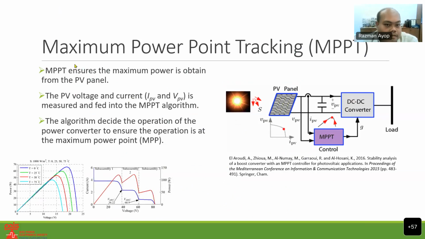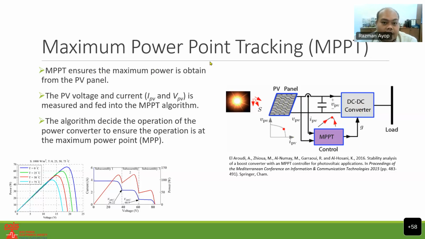So you can see here MPPT. MPPT ensures the maximum power is obtained from the PV. When the temperature changes, it can manage to obtain maximum power also. The PV voltage and current, VPV and IPV, are measured and fed into the MPPT algorithm, and then into the DC-DC converter before being connected to the load.